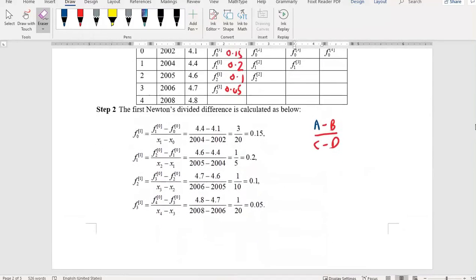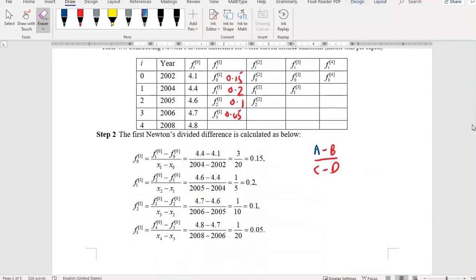We still use the same formula with A, B, C, D, but to calculate your second level, this is A, this is B. To calculate F02, A is 0.2, B is 0.15. Your C is at 0 plus 2, so x number 2. So this is C, this is D.